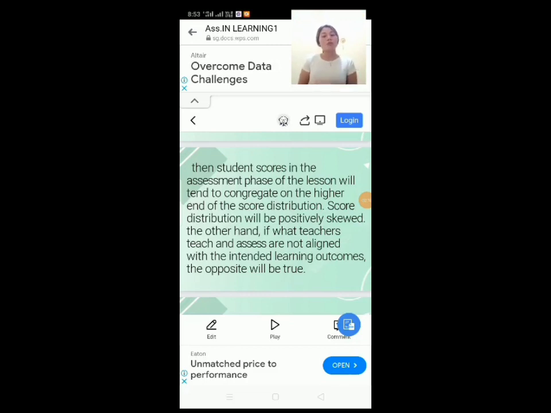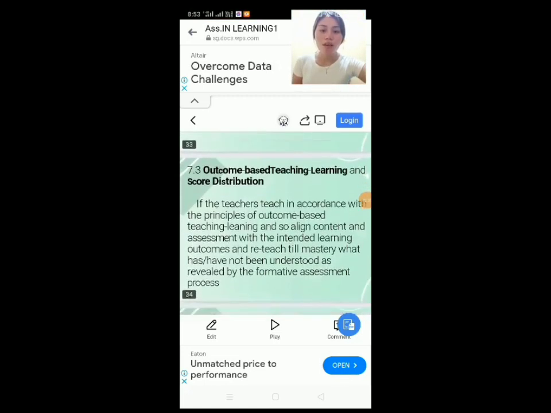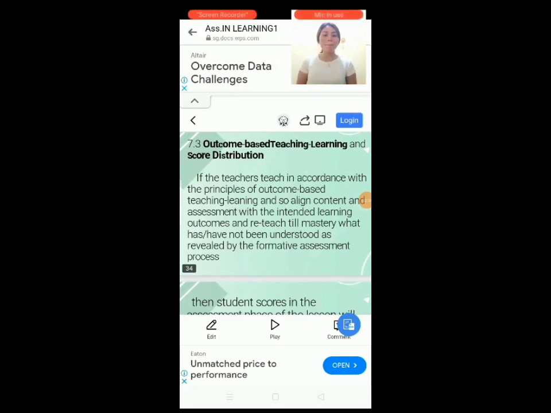The score distribution will be positively skewed. On the other hand, if what teachers teach and assess are not aligned with the intended learning outcomes, the opposite will be true.